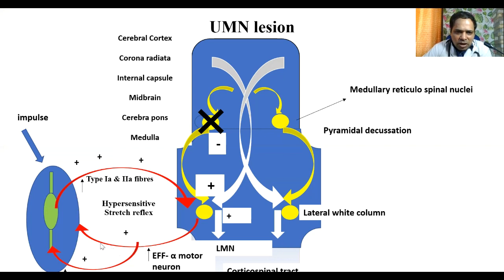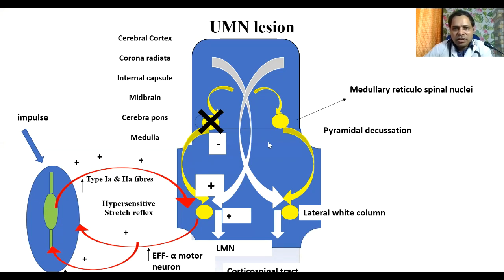Extrafusal fibers, alpha motor neuron stimulation, intrafusal fibers, gamma motor neuron stimulation, and instead of inhibiting here, it becomes overstimulated, hyperstimulated. So it becomes hypersensitive, and there is a high stretch reflex, spasm. It has become spasm, and the muscle will not function. That's why it leads to spastic paralysis, becoming very stiff in the upper motor neuron lesion.